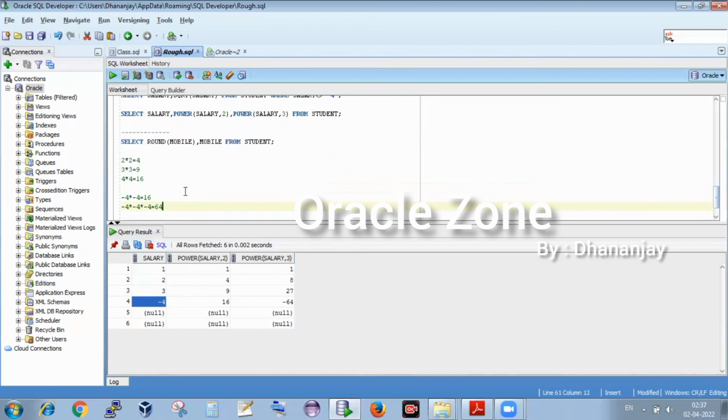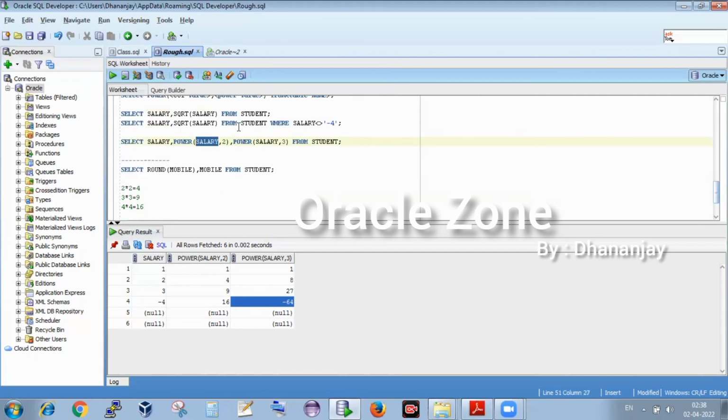Here it will be 64, and negative sign and negative sign will be positive sign. Again this positive sign you are multiplying with the negative sign, so finally it will give the negative sign, right? And 4 into 4 into 4, its output will be 64. So here minus 4, here plus 16, here minus 64. So like this you can calculate the power, 4th power, 5th power, 6th power, whatever you want, you can perform, right? So power is just giving mathematical power operations.